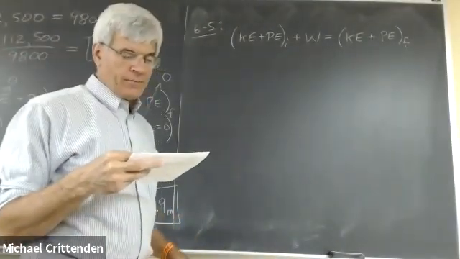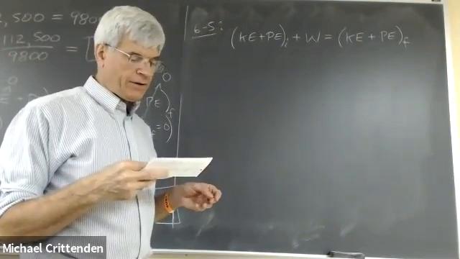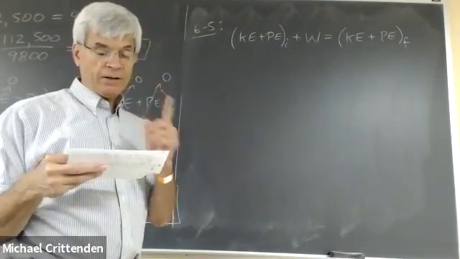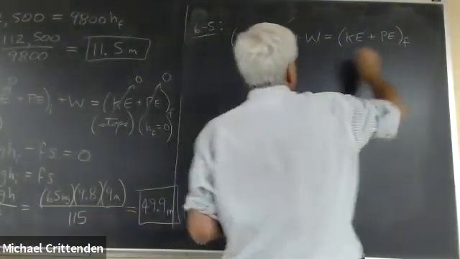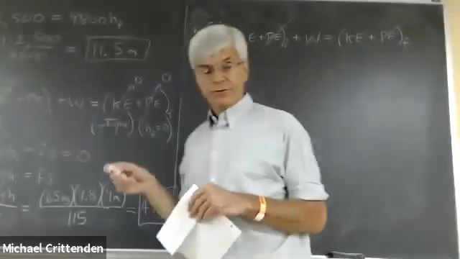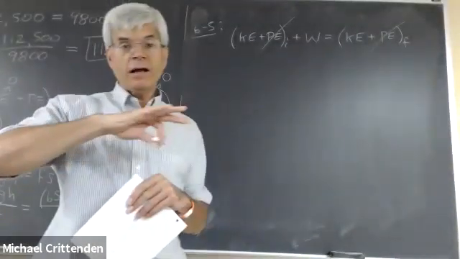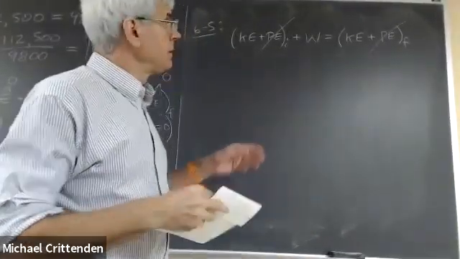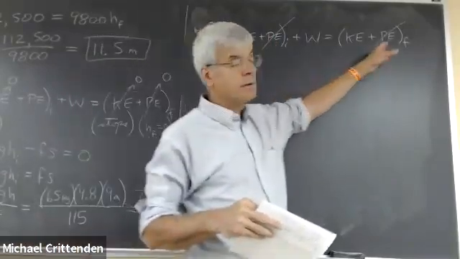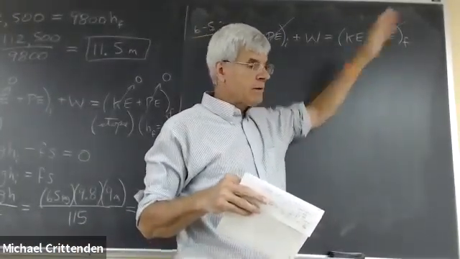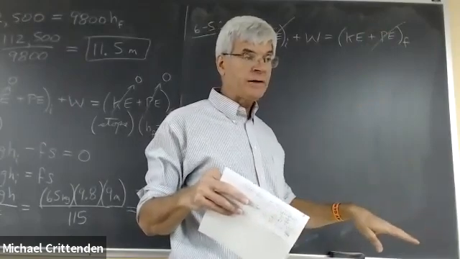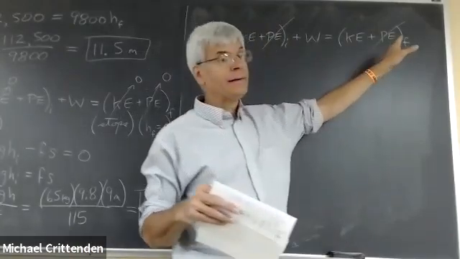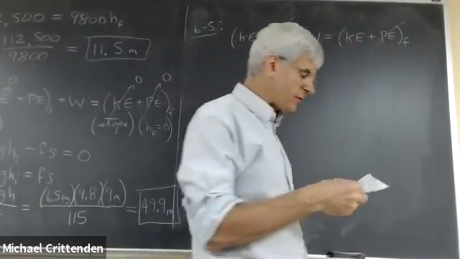One thing we can dispense with is the potential energy terms. This puck is sliding across a level surface. So therefore, H initial is 0, H final is 0, or even if you for some reason want to measure the height from some other level, it's still true that H initial equals H final, and so the two terms are going to cancel out.